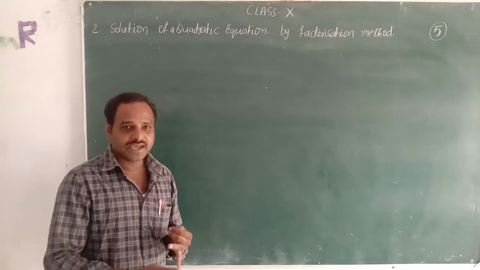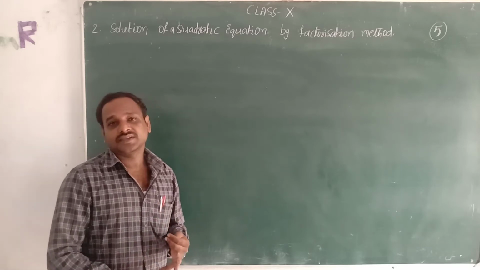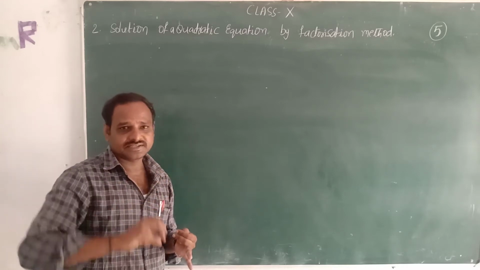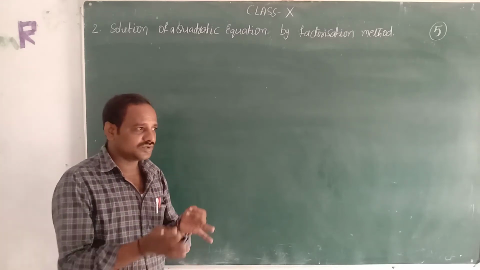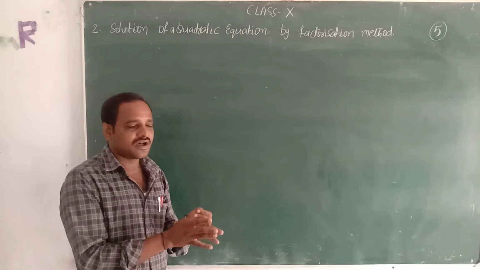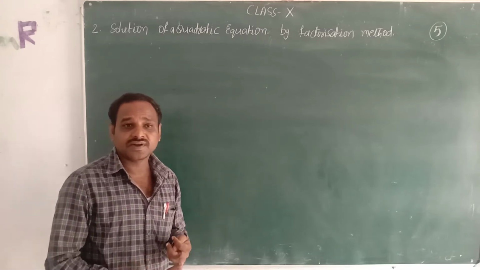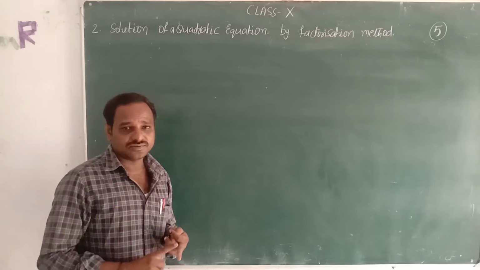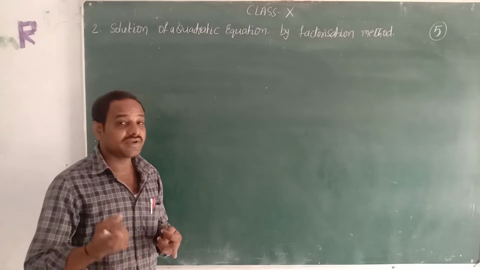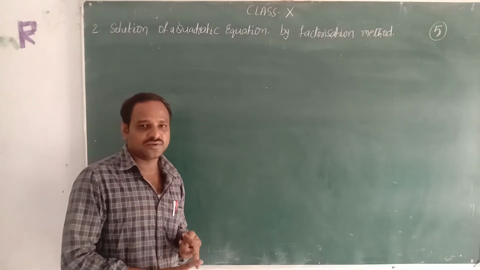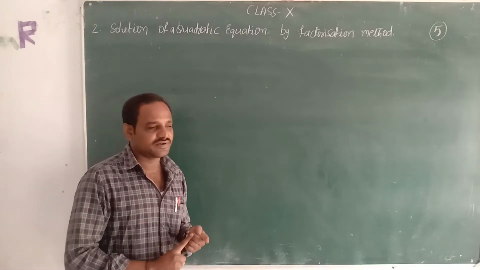Second, if the values are given, we have to find out whether those are the solutions of the quadratic equation or not. And third one is finding the unknown value. That means we found the value of k if the roots of that quadratic equation are given. So that is the third type of problems.